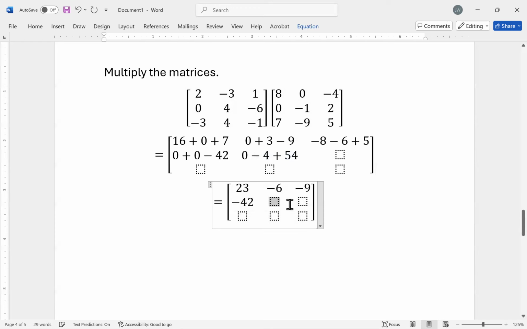So we get a positive 50 as the 2-2 entry. And then second row times third column, 0 times negative 4, 4 times 2, negative 6 times 5 gives me 0 plus 8 minus 30, which is a negative 22.